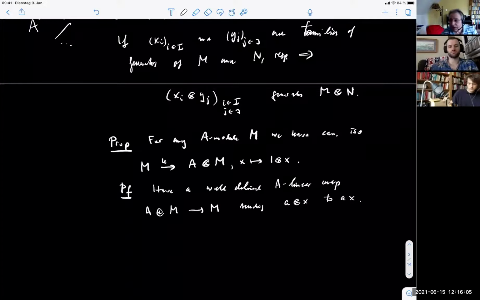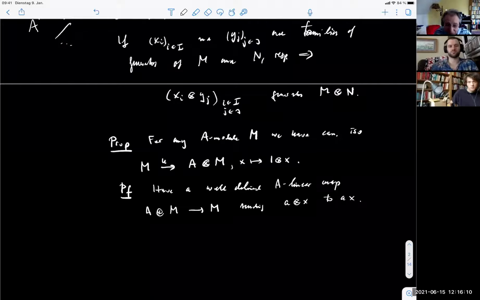For people that are familiar with the tensor product, this is all completely trivial, but as you are beginners, let's be careful. So how do we know that this map exists? In linear algebra over fields, if you define a linear map, you write what it is. But the problem is that this A tensor X is not a typical element of my module.